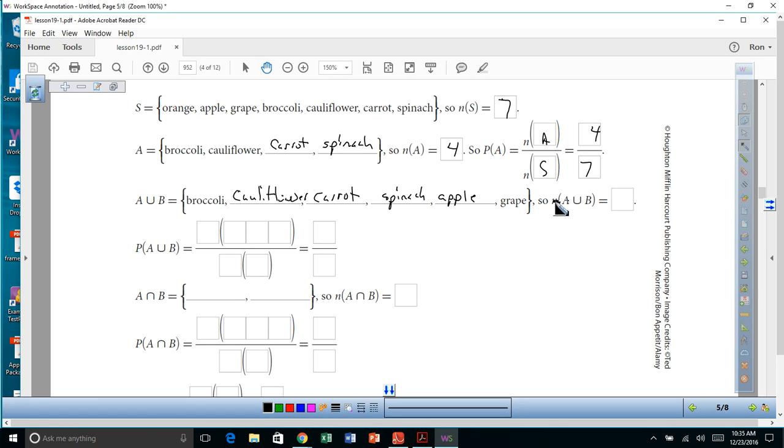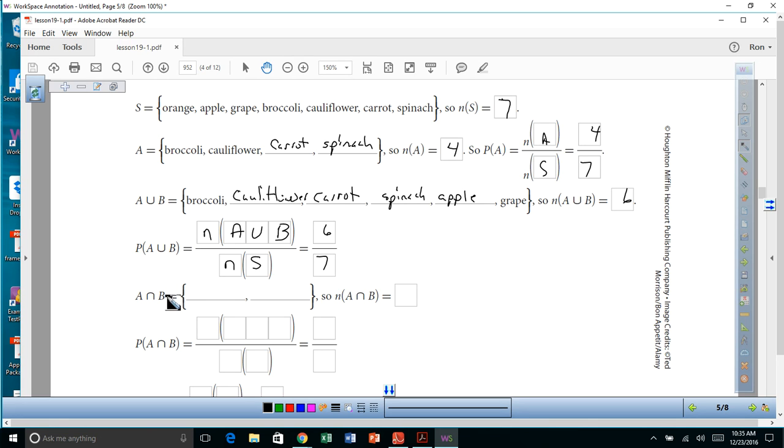So A union B would be 6. Let's see, 1, 2, 3, 4, 5. Yeah, 6. So what do we got? The probability of A union B would be the number of A union B divided by the number of S. Well, there were 6 in this, and there were 7 in that, so your probability is 6 over 7.